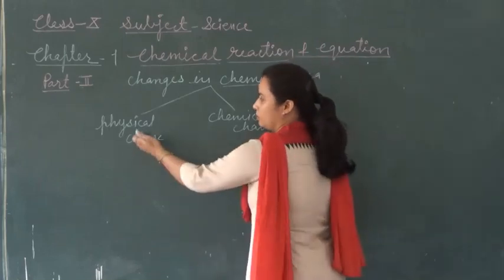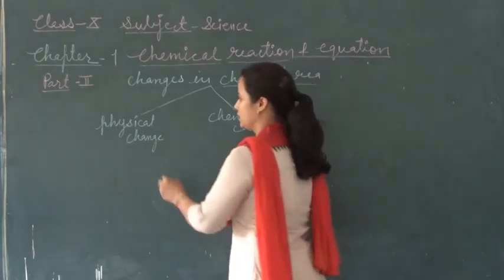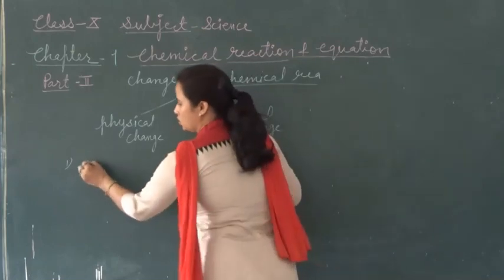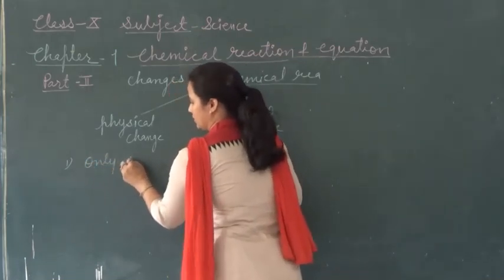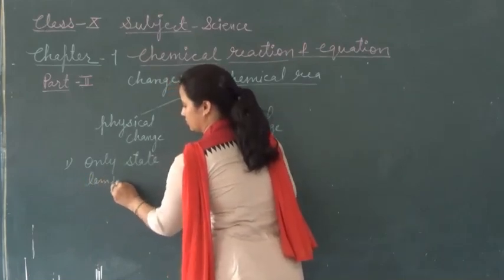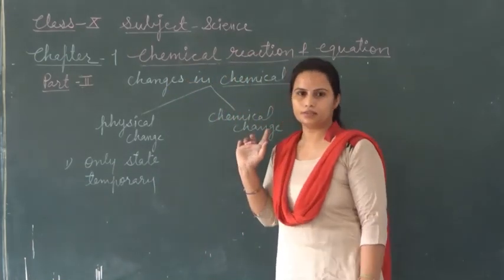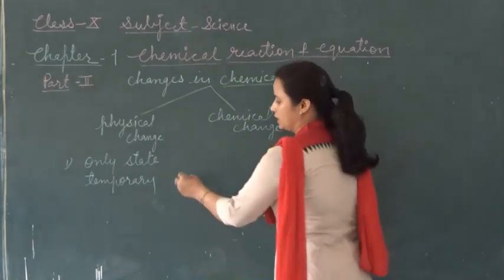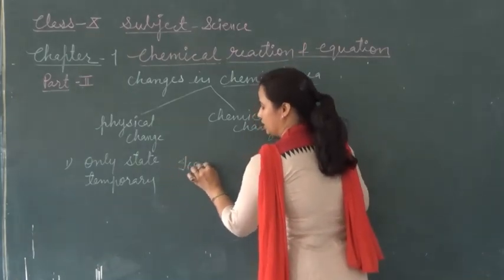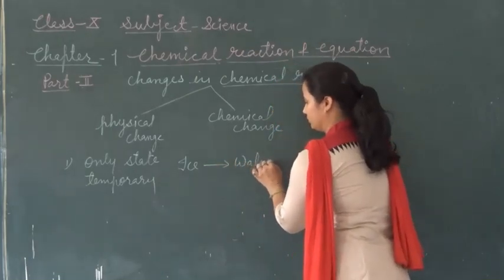Now I will tell you what the differences are between physical change and chemical change. Physical changes are changes which change only the state, for a temporary time. For example, ice at room temperature changes into water.